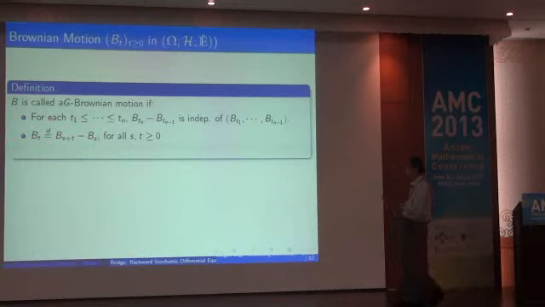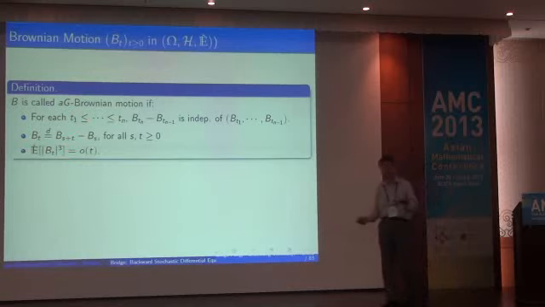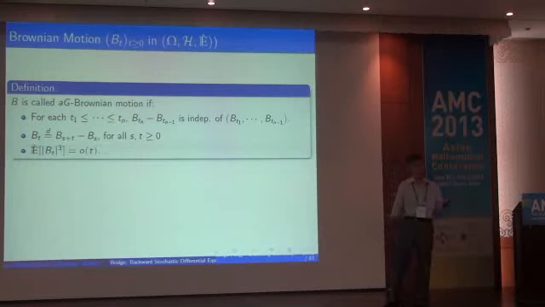Okay, this is very likely, but we also assume this. If you have a linear one, of course you can prove this is just Brownian motion.